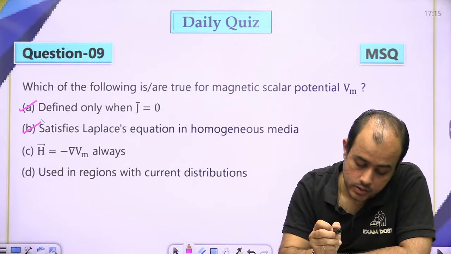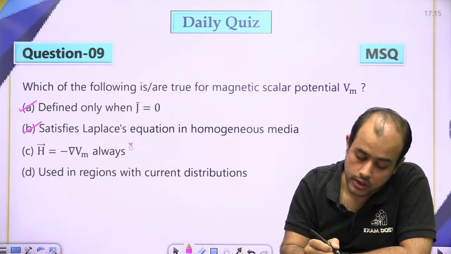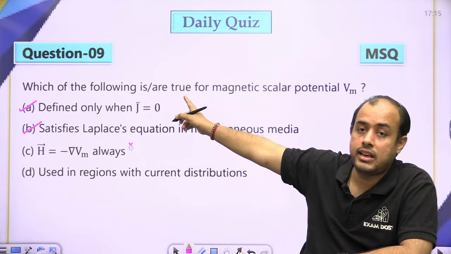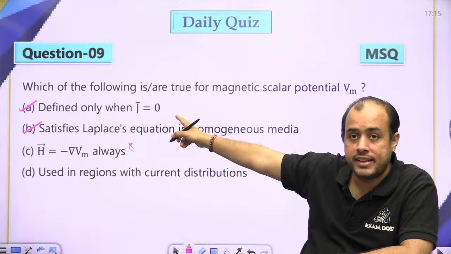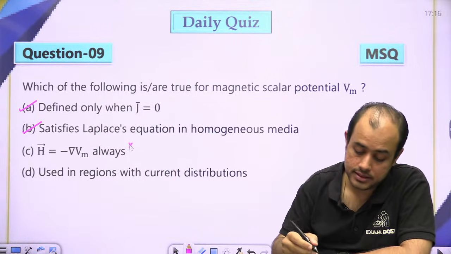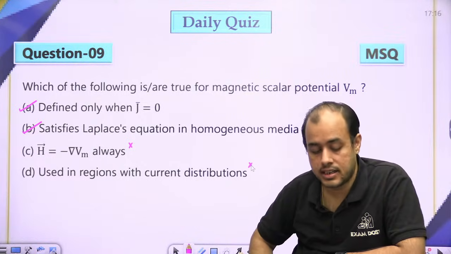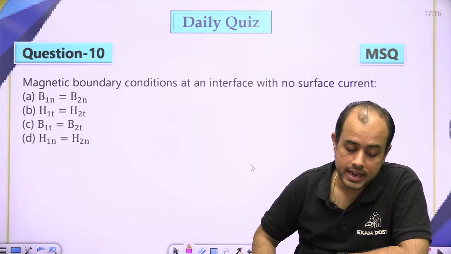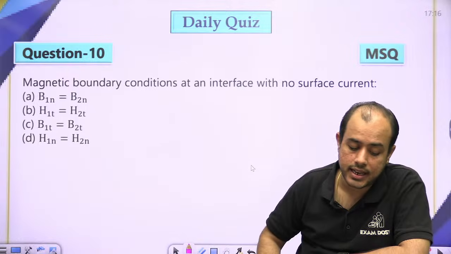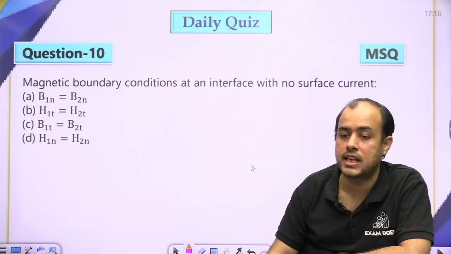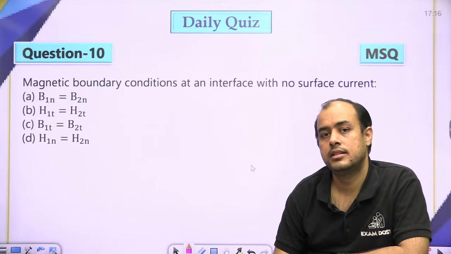Satisfy Laplace equation. No, not always बेटा. अभी आपने A वाले स्टेटमेंट में सुभादीप बोला only when j is 0. अभी आप कह रहे हो हमेशा. No, not defined where there is a current. तो A and B.